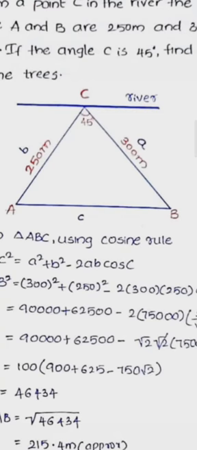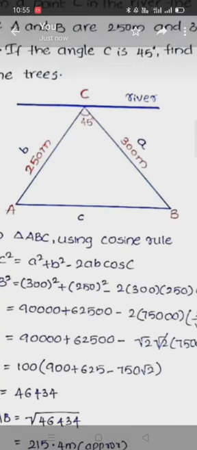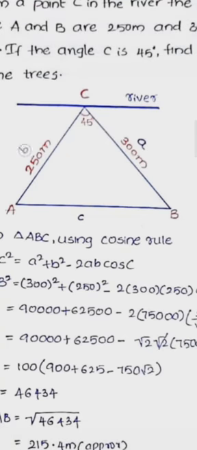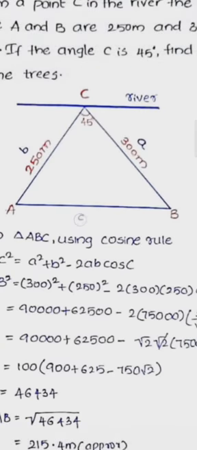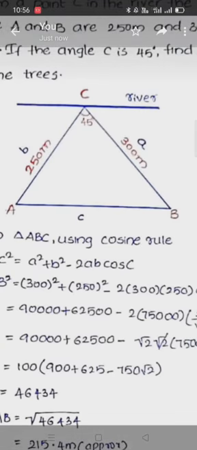The length opposite to the vertex B is AC bar. It is 250 meters and it is indicated by small b. And the length opposite to the vertex C in the triangle ABC is AB bar. We have to find that, and it is indicated as small c.